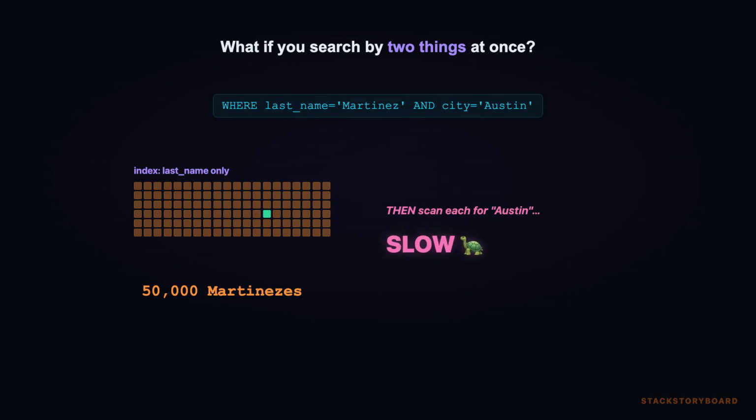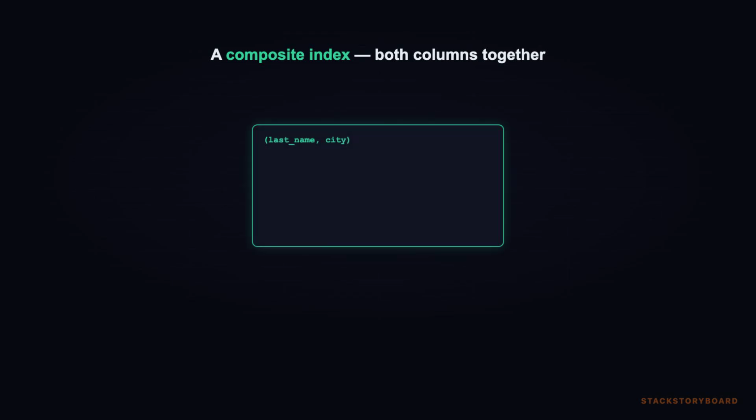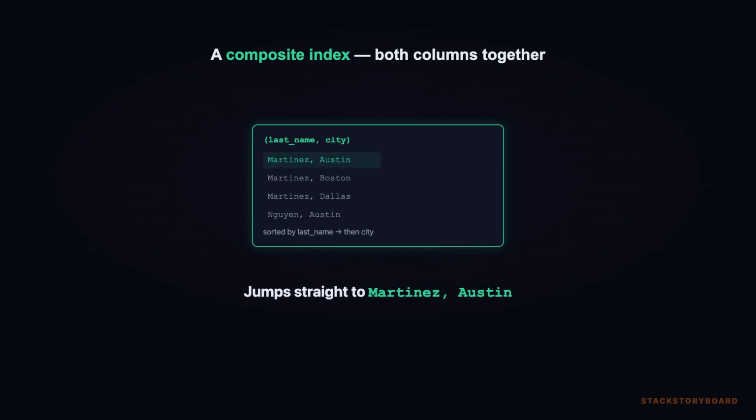That's slow. So databases let you build composite indexes, an index on both columns together. It's like sorting the phone book by last name first, then by city within each last name. Now the database jumps straight to Martinez Austin in one shot.